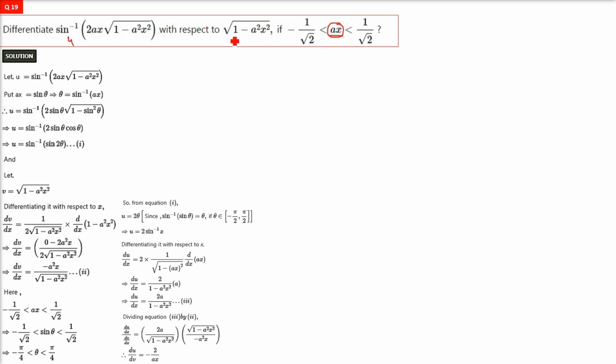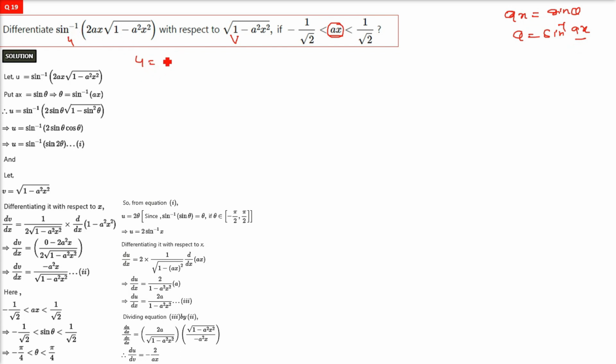So we have been doing sine theta range between negative 1 by root 2 and 1 by root 2. You know how to check this. Ax, we are putting it as sine theta. So theta will be sine inverse of ax. So sine inverse ax, we'll talk about this later.